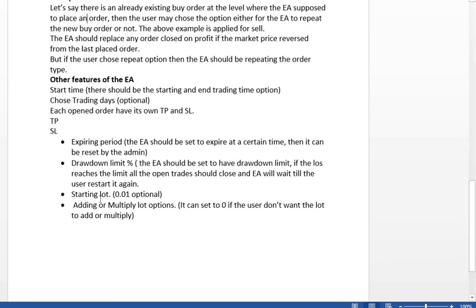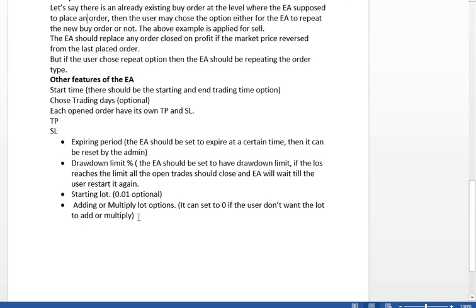Then starting lot. This one means that everyone can start with 0.01 lot size, but it now depends on the user to choose where the EA should start. Then we have the adding or multiplying lot option. It can be set to 0 if the user doesn't want the lots to add or multiply.